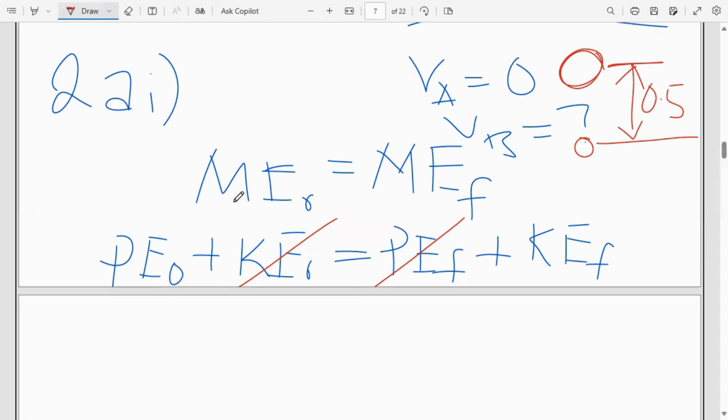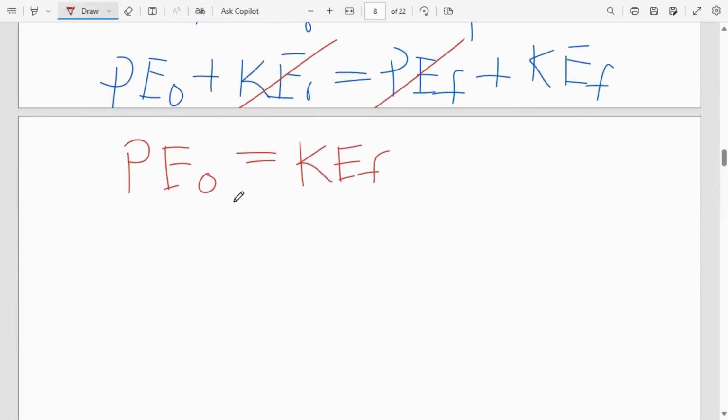So my equation now becomes: potential energy at the initial point is equal to kinetic energy at the final point. Potential energy is equal to mgh, and this is equal to half mv squared.